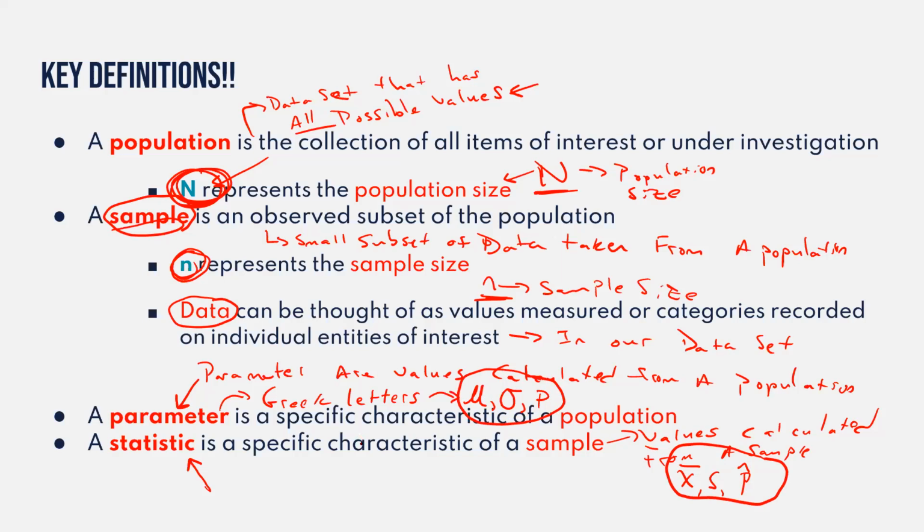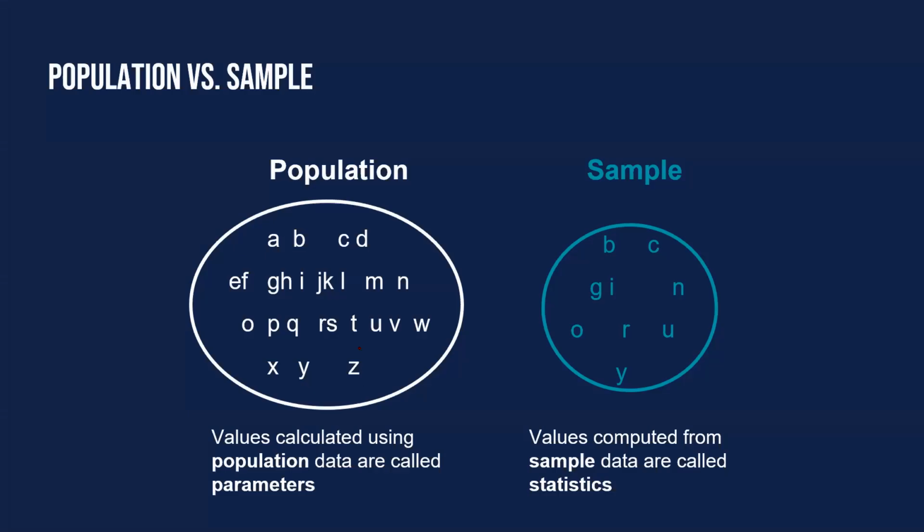Now, let me give you some examples of this real quick so you can understand the difference. This is a silly example, okay? Suppose the letters of the alphabet are paid a salary based on how much they're used. Imagine the letters are like real beings and they're paid a salary. So A makes a lot of money and Z doesn't make a lot of money. Values calculated from this, like the average salary of all these letters, when you have all the letters in the English alphabet, which is 26, this would be a parameter.